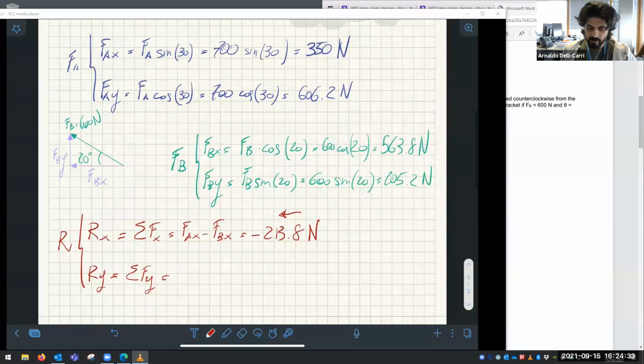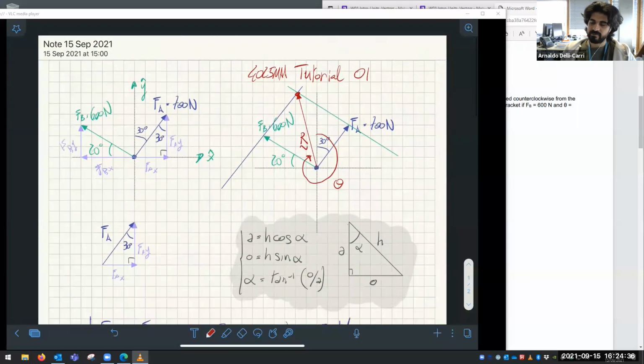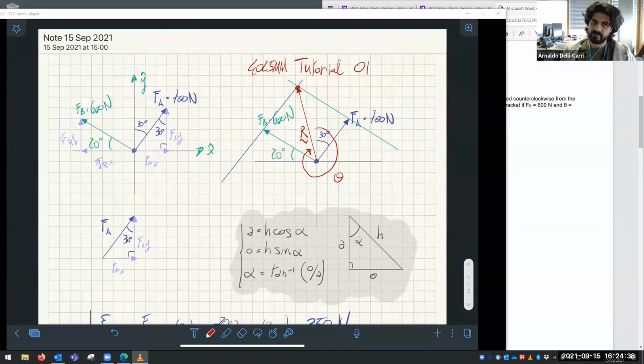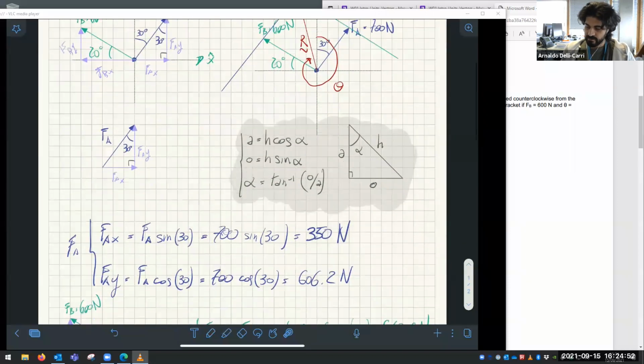So do we sum or subtract the y components? FBY and FAY, do we sum them or subtract them? We do sum them because they go in the same direction, the same positive direction, because the y-axis is going up.